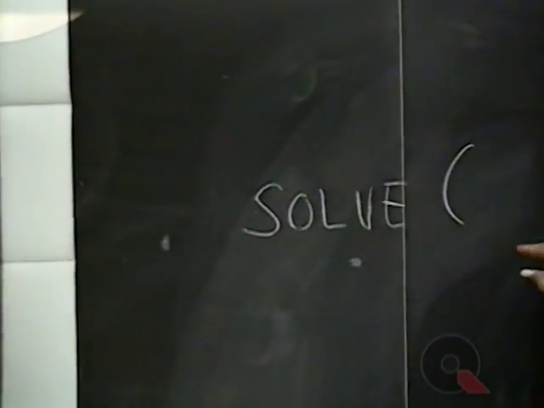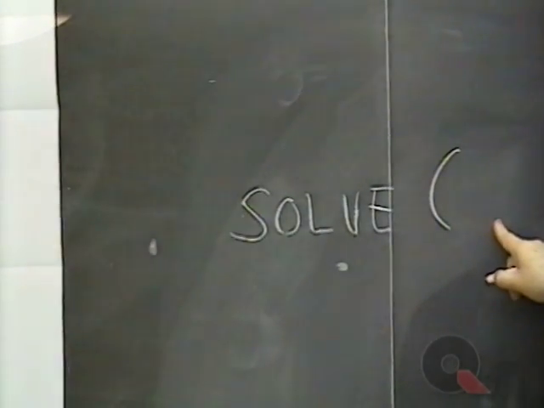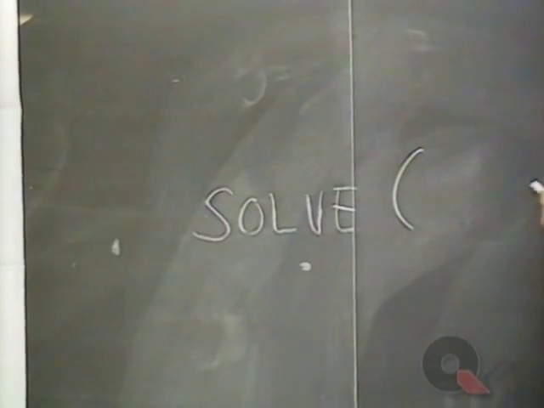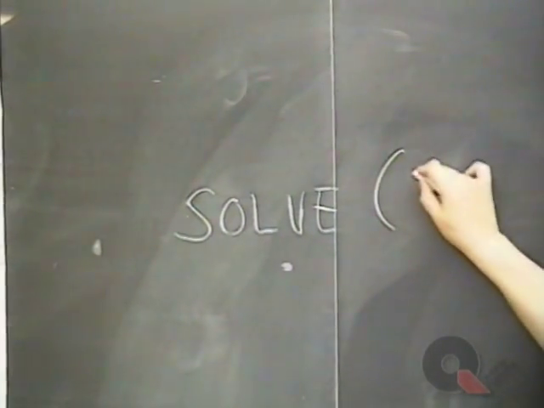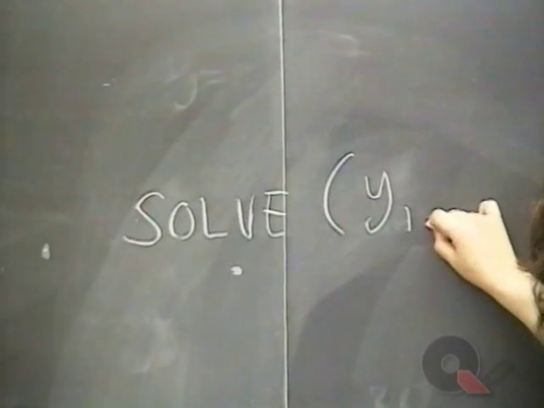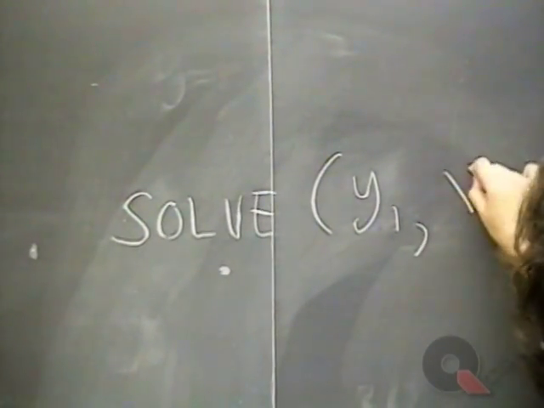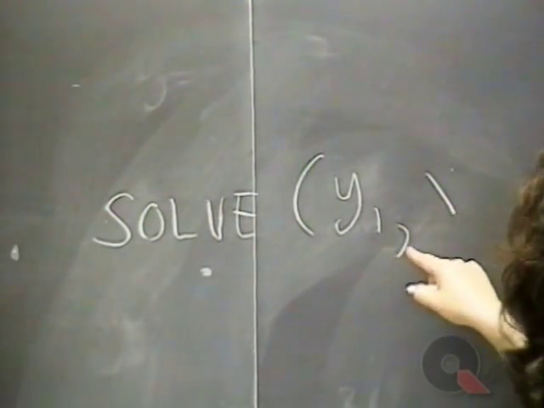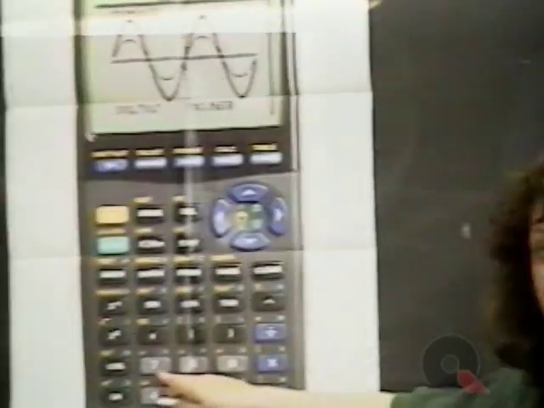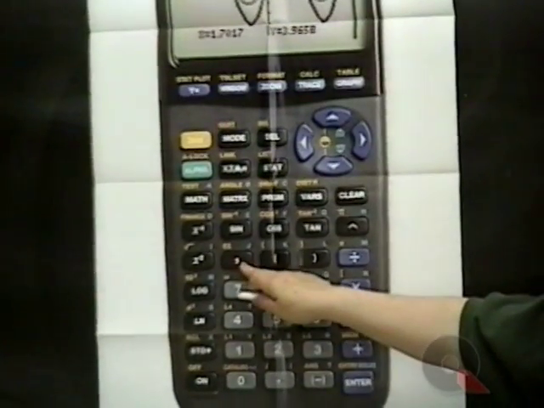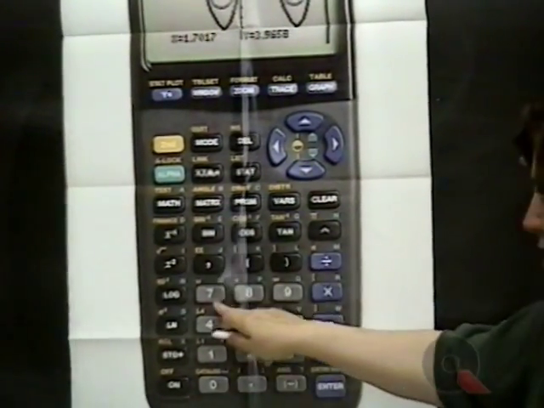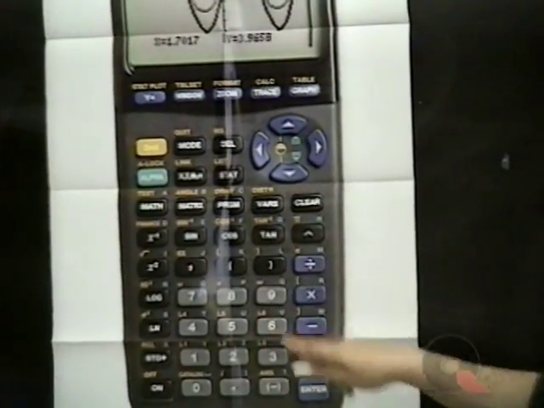You're going to put in the function that you want to set equal to 0, the equation that you want to set equal to 0. And it's going to be the y1, which was the 8 minus x squared. Then you're going to put a comma in, and the comma is located right above the 7 button. 7, and you see the comma. Parentheses are here, over the 8 and the 9. Comma, left parentheses, right parentheses.